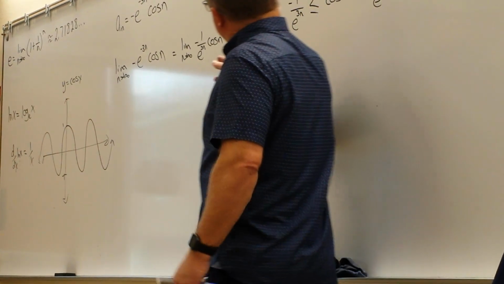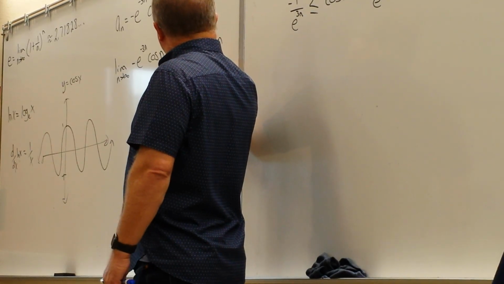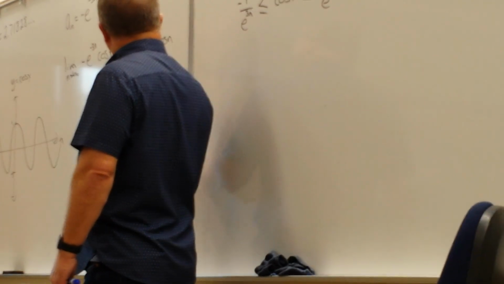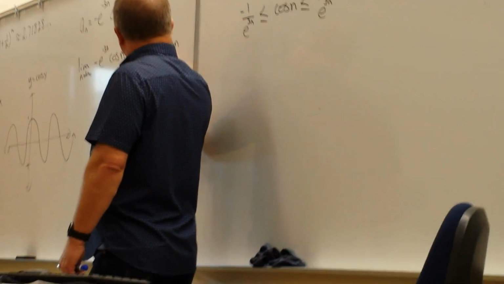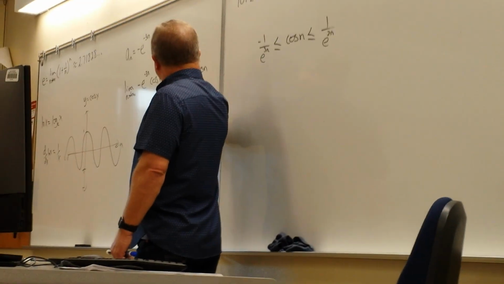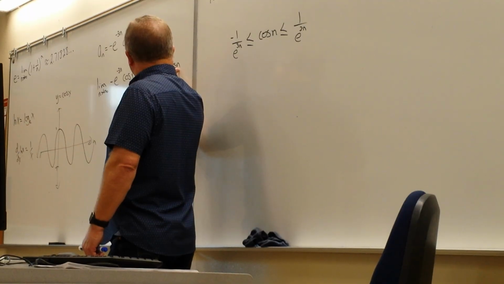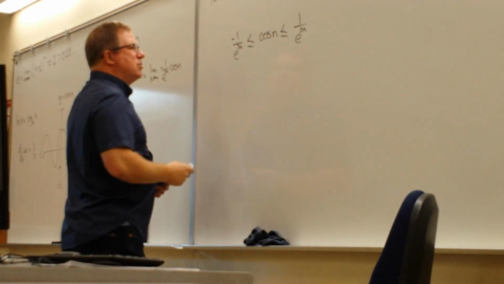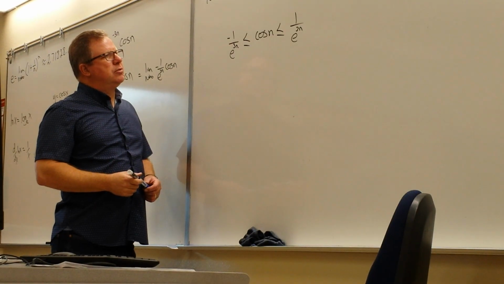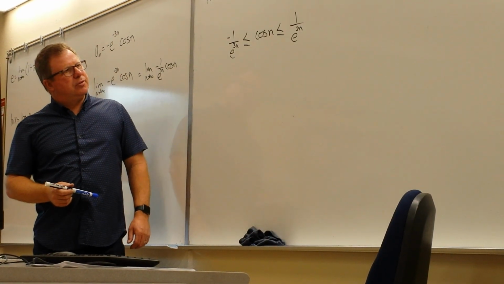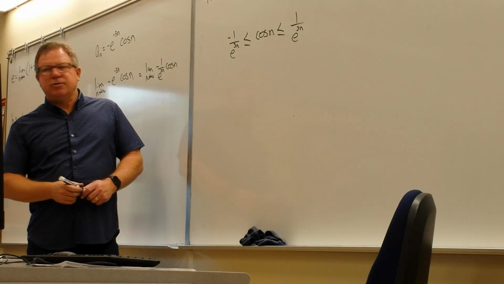Because when cosine is negative, negative times this will be positive. When cosine is positive, positive times this will be negative. But cosine never gets less than negative 1, never gets greater than 1. Do you agree with that?